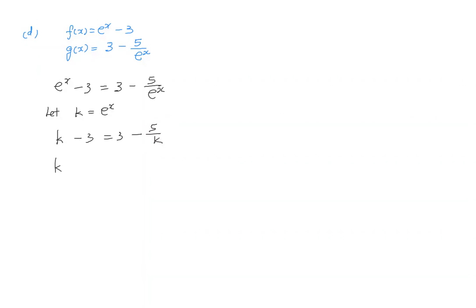So I have K squared minus 3K equal to 3K minus 5. So K squared minus 6K minus 5 plus 5 equal to 0. So you can factorize, or you can just use your scientific calculator.